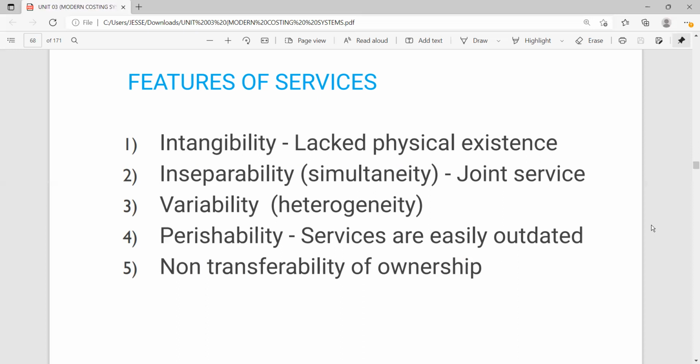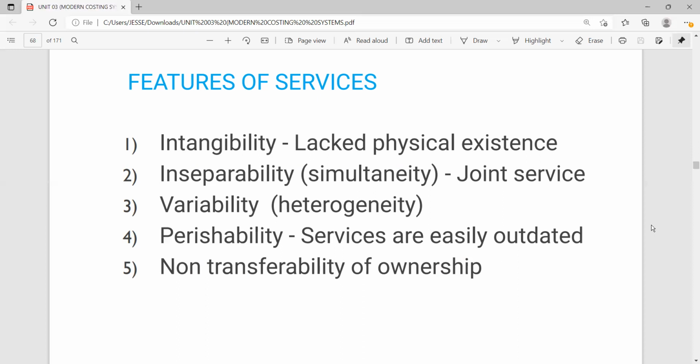In explaining number 5, non-transferability of ownership, another thing I need to add here is that you cannot own and store a service. A service is not like a product where you can buy a bar of chocolates and store it.